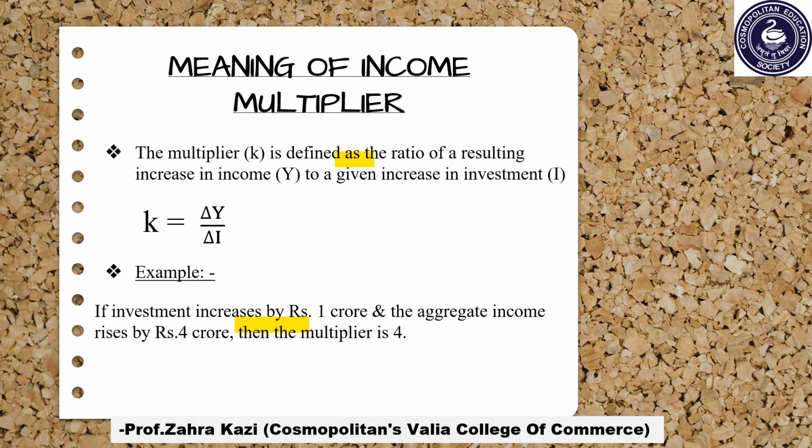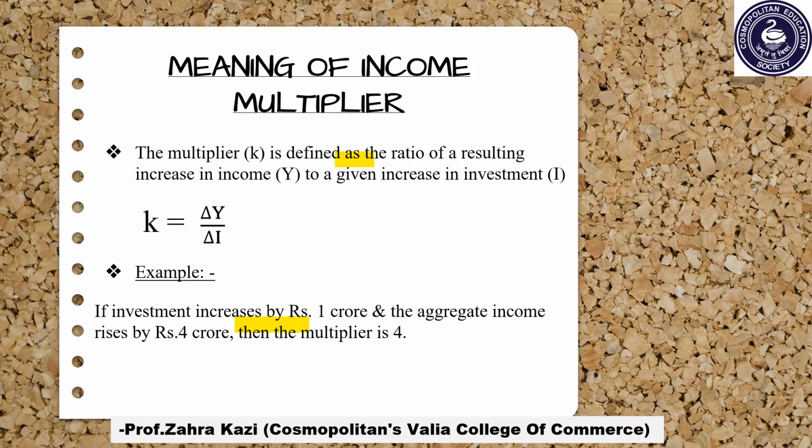Let's understand the meaning of income multiplier. Multiplier is denoted by lowercase k. It is defined as the ratio of a resulting increase in income, that is capital Y, to a given increase in investment, that is capital I. In simple words, the income multiplier is the ratio of final change in income to the initial change in investment.